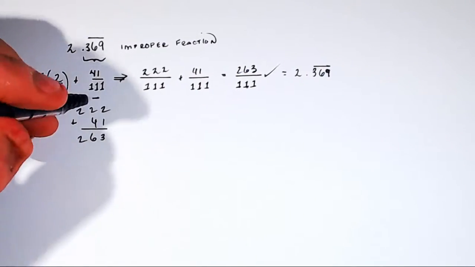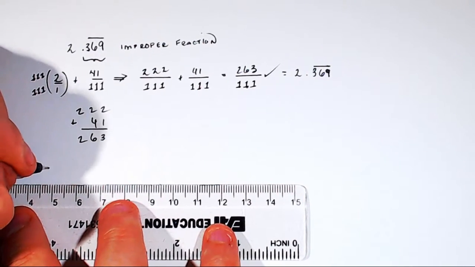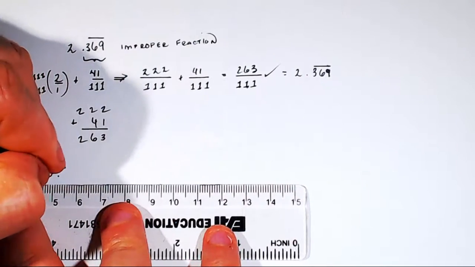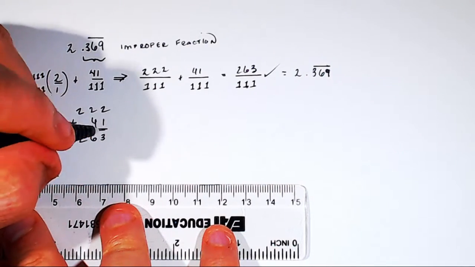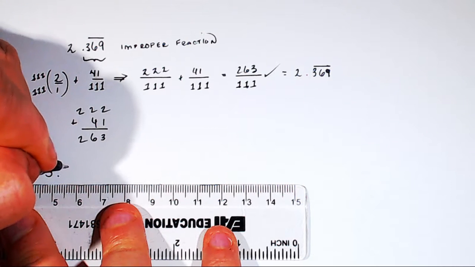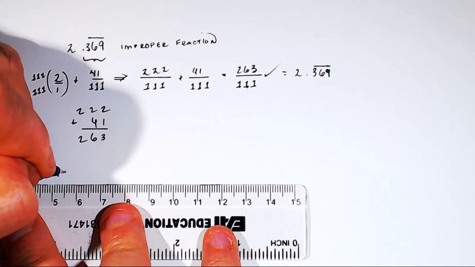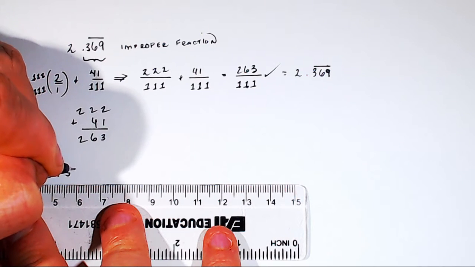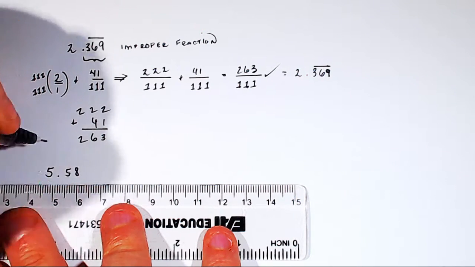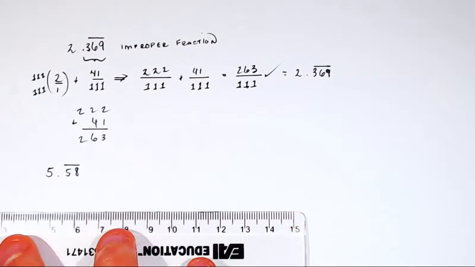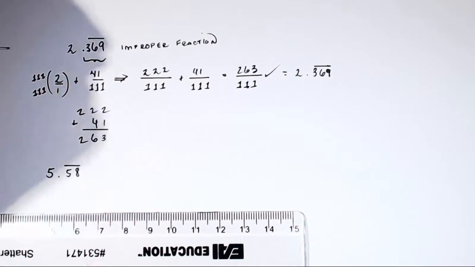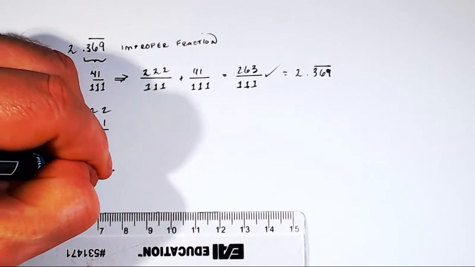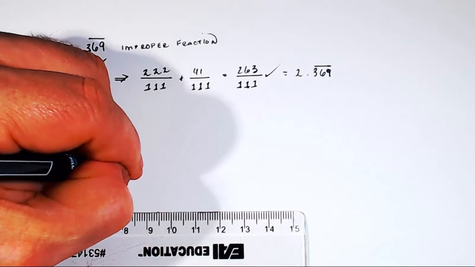Let's do this one more time. Let's find 5.58 repeating as an improper fraction.